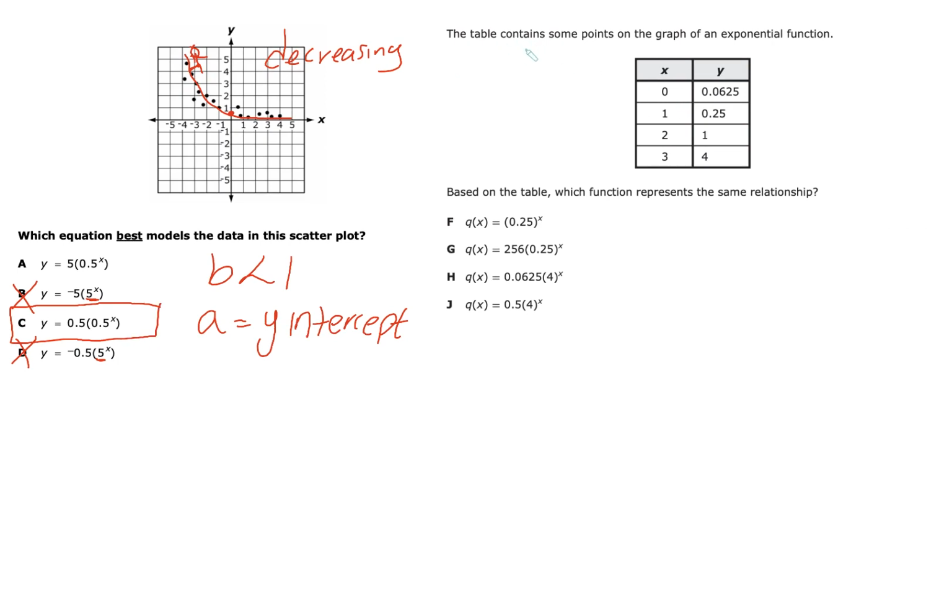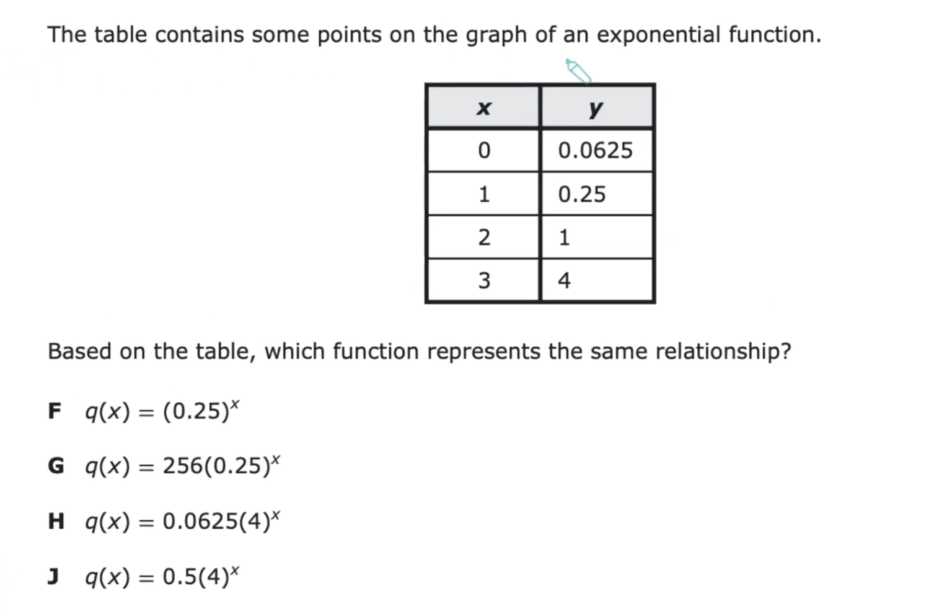Here we have a table which contains some points on the graph of an exponential function. Based on the table, which function represents the same relationship? So we've got to figure out whether f, g, h, or j is our equation. We need to find our A, and our A is our y-intercept.